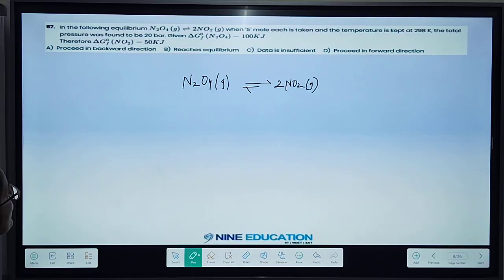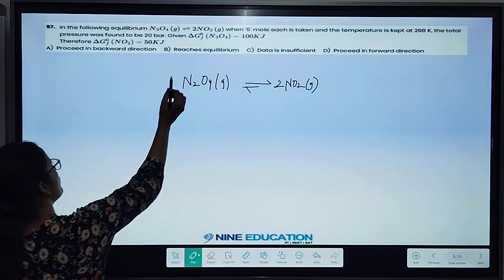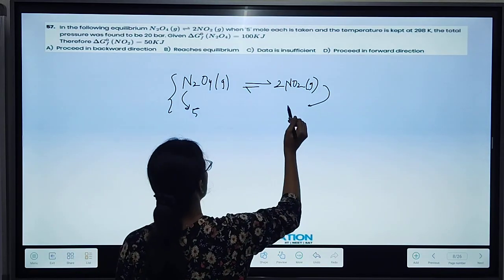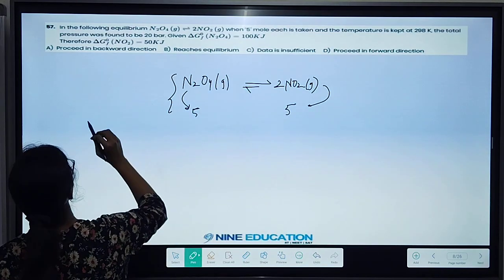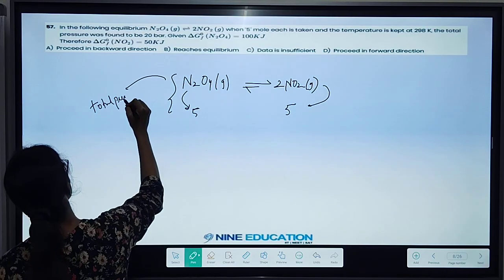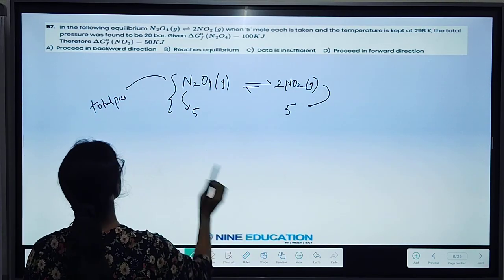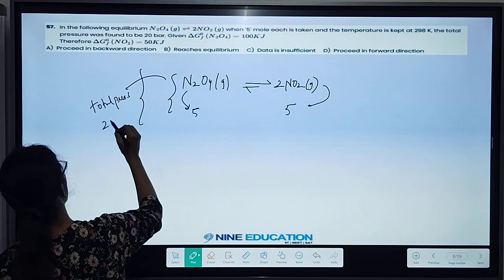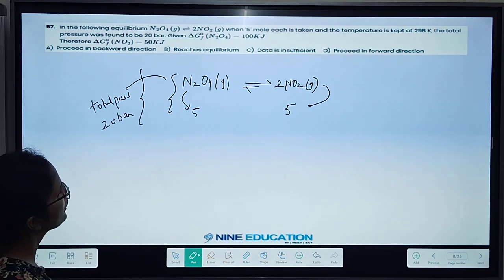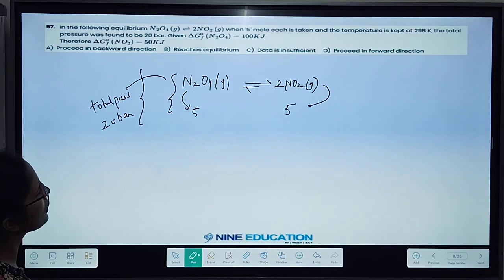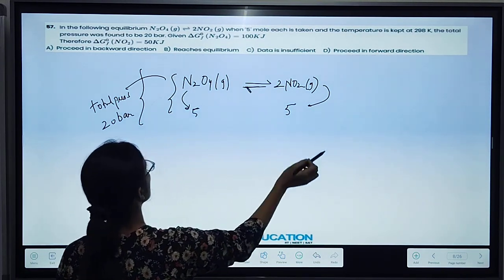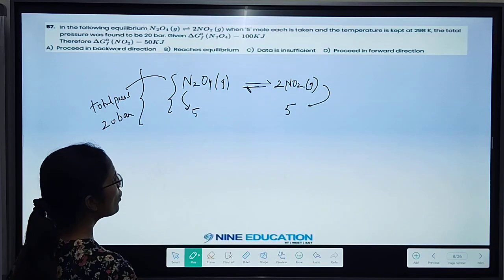Temperature is 298 and the total pressure, we are starting with 5 moles of N2O4 and 5 moles of NO2, and the total pressure of this will be 20 bar, right? And now we need to talk about how the reaction condition will be, right? Whether it will be in equilibrium or it will be moving towards the forward direction or backward direction.